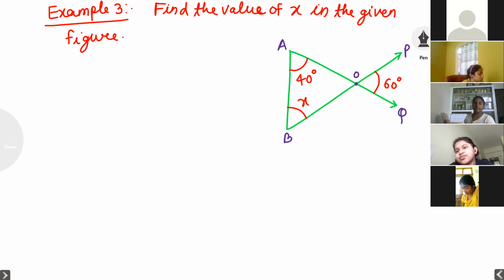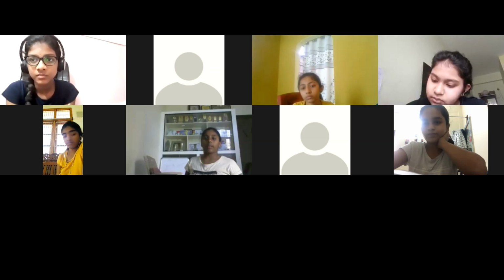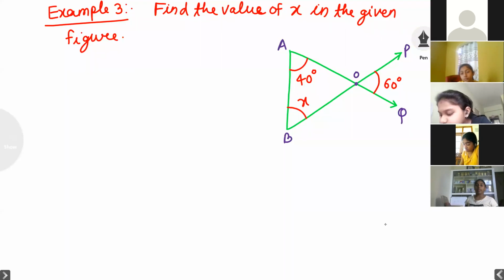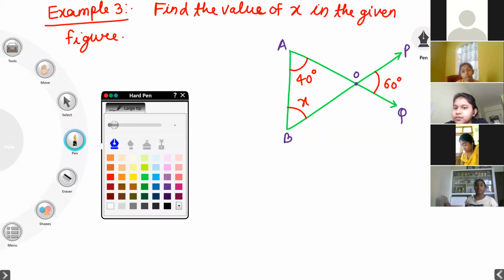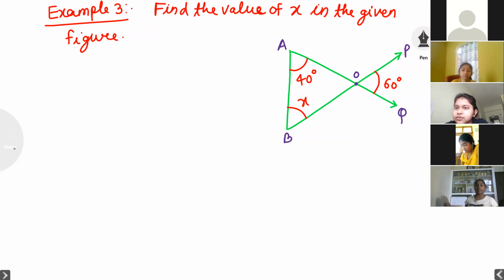Anyone have an idea how to solve this question? Very good, beta. Concentrate everyone here. In this figure, one thing you are missing, each and every student: this is not angle O. This is angle AOB or BOA.